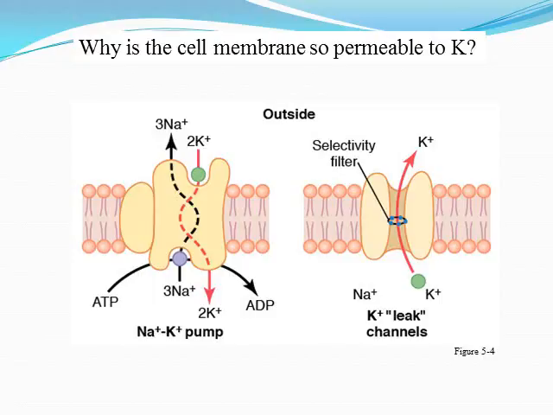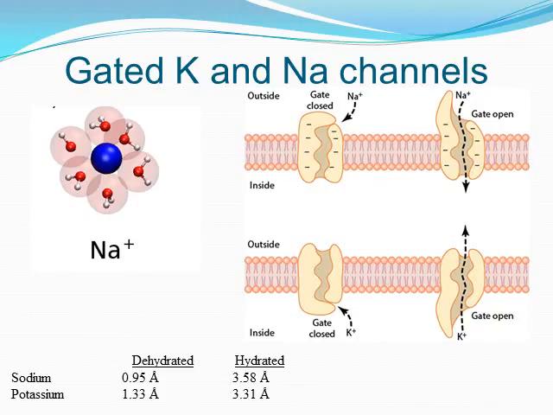So these two channels together contribute quite a bit to the permeability of these cells to potassium, and therefore allow for the increased equilibrium for the cell towards the Nernst equation, or equilibrium equation for potassium.